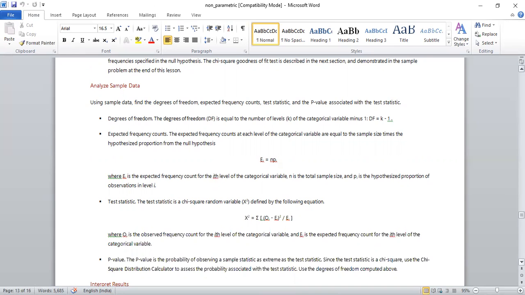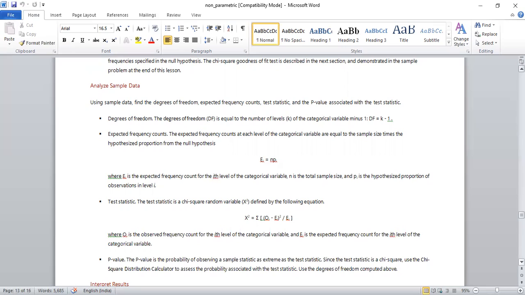If you have 4 levels and you know 3 of them, the 4th level will be determined. So the number of independent levels that are free to vary here is k minus 1. That's why the degrees of freedom is k minus 1.